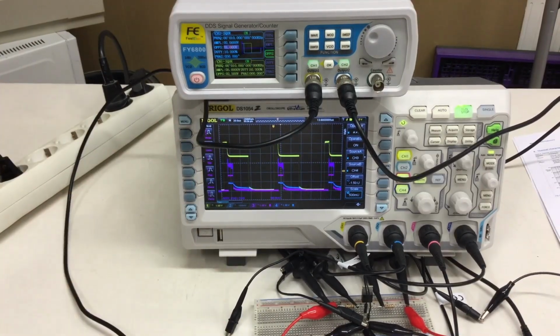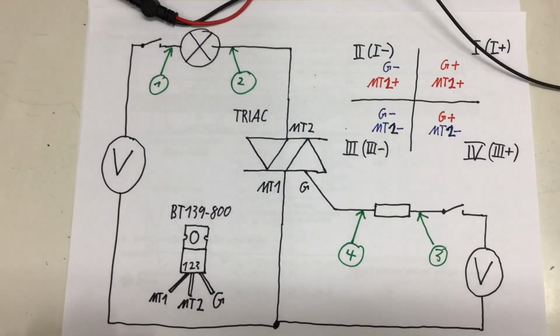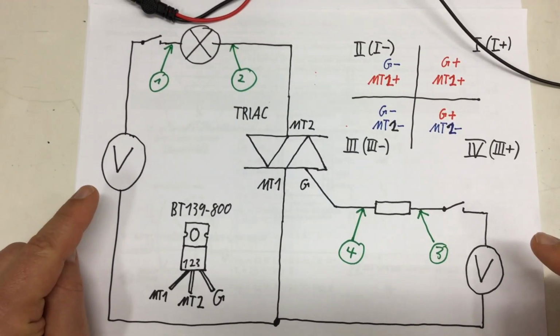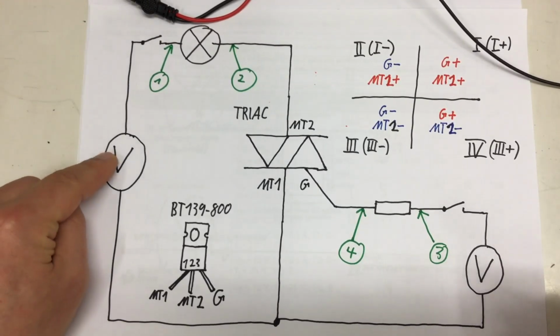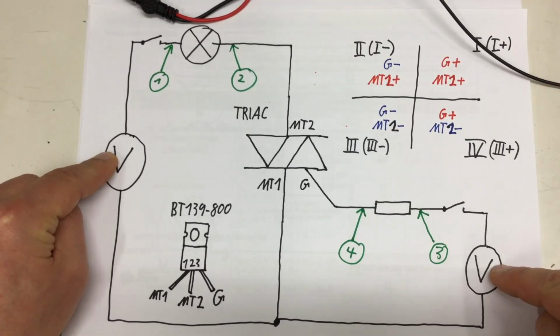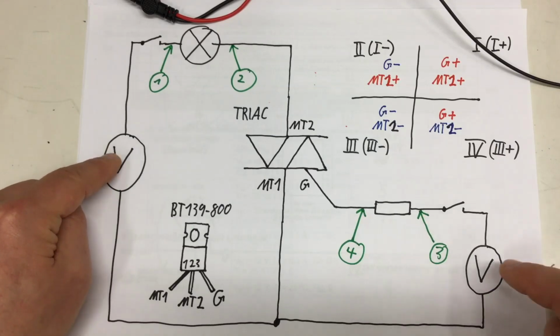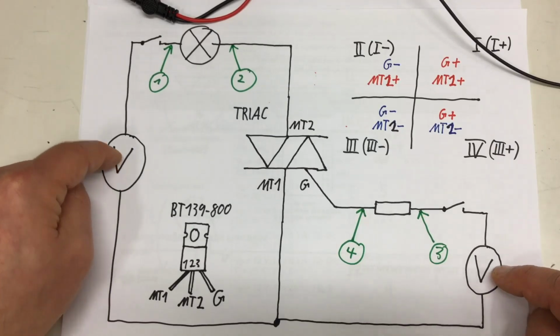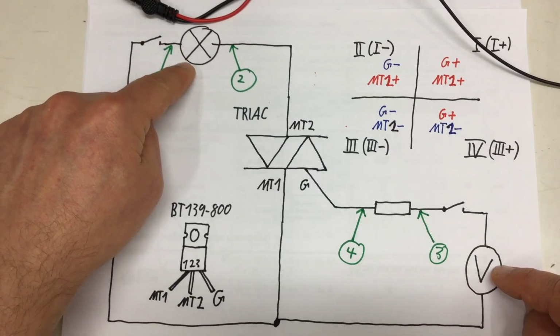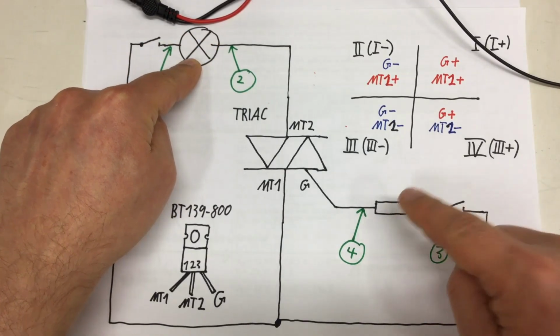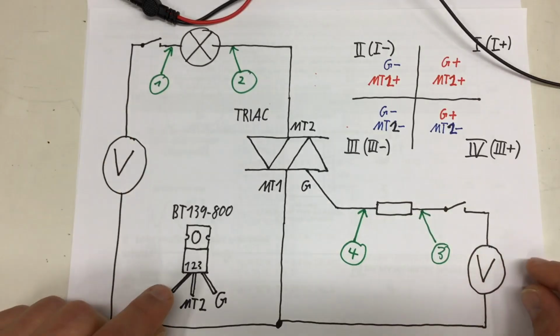And here we are. So what I'm measuring here, my power supply and 9-volt battery have been replaced by channel 1 and channel 2 of a function generator. The light bulbs have been replaced by a 100 ohm resistor, and that resistor is now also 100 ohms.